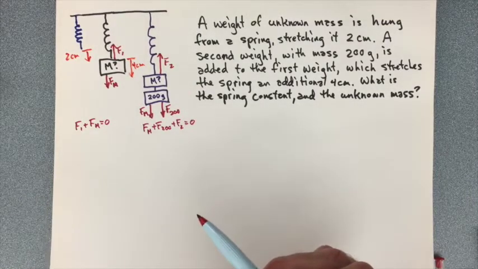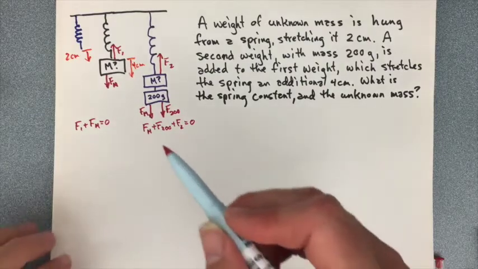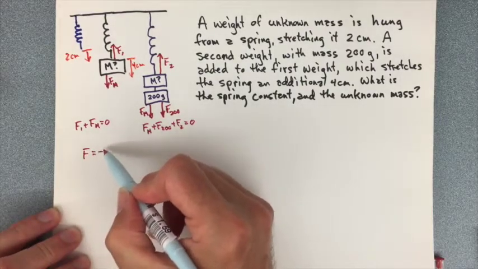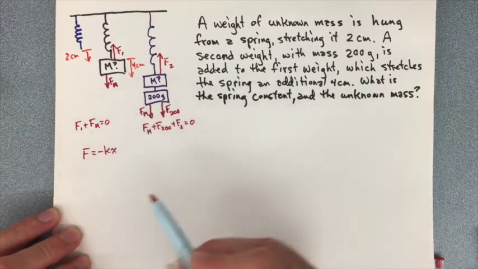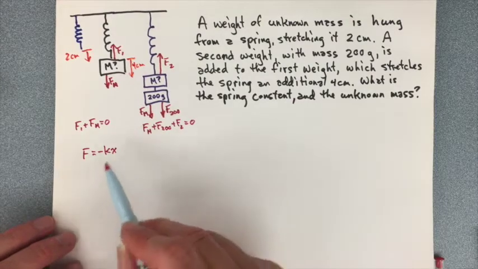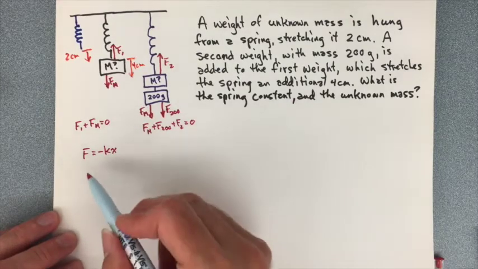Now, the force of the spring, F1 and F2, comes from Hooke's law, F is equal to minus kx. In this case, we don't know what the spring constant is, but let's write out what those positions are.